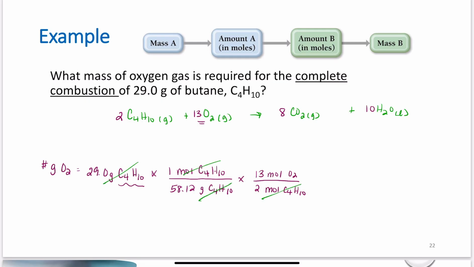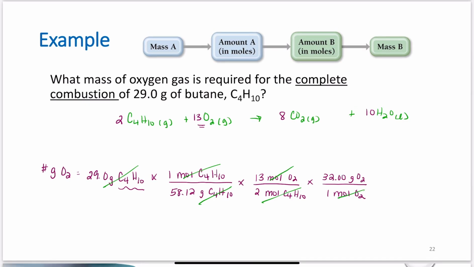Cancel out my grams of C4H10. I've canceled my moles of C4H10. I'm in moles of O2. I don't want moles, I want grams. 32.00 grams of O2 for every 1 mole of O2. Calculate this through, and I get 104 grams of O2.